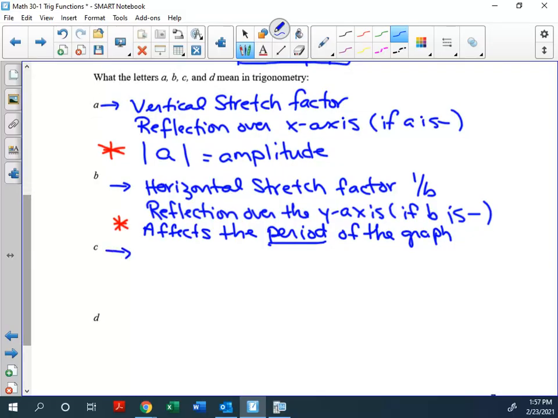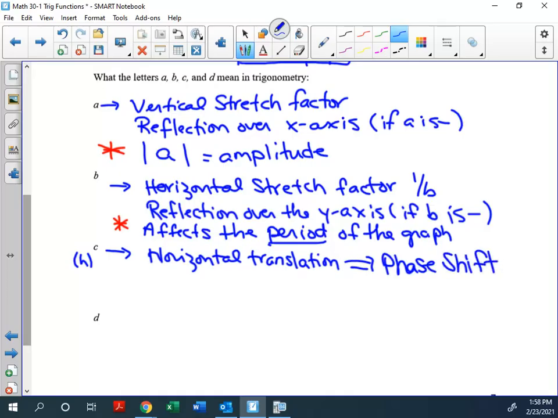So that takes us to C. C operates like H, but it's C, because C, although still a horizontal translation, in trig, we call it a phase shift.